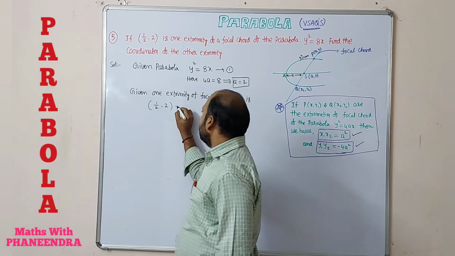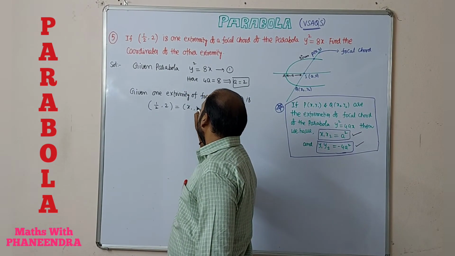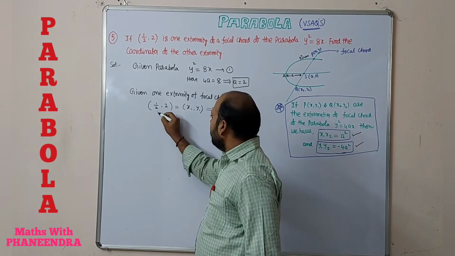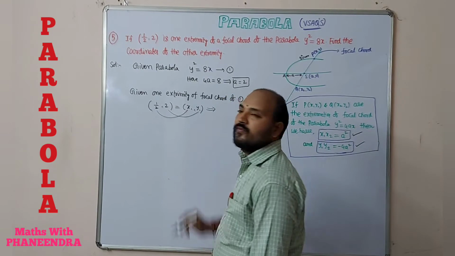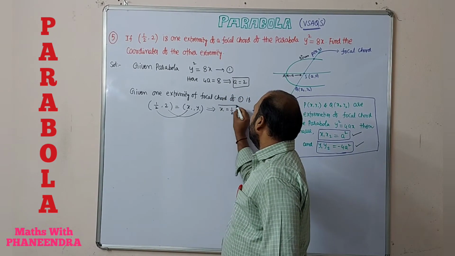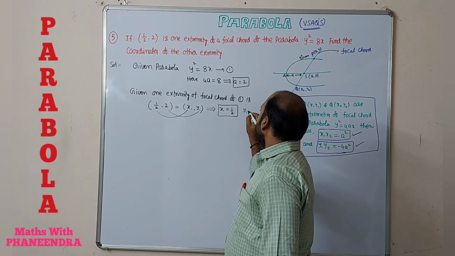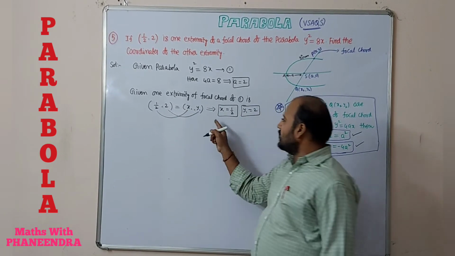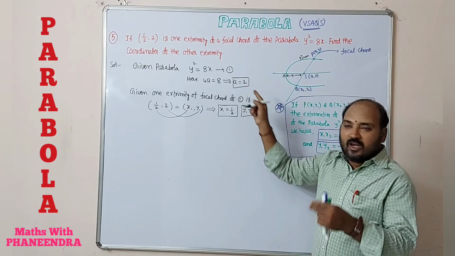That means this is x1, y1. So by comparing, x1 is equal to 1 by 2, y1 is equal to 2. x1, y1 values and a value we know.